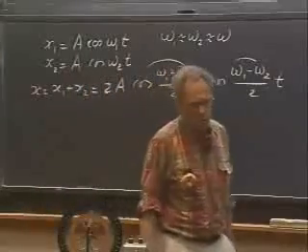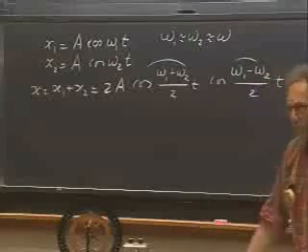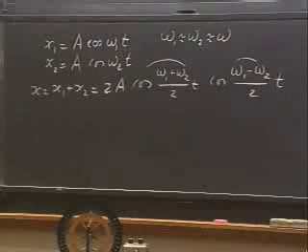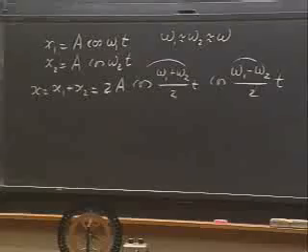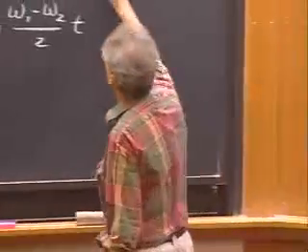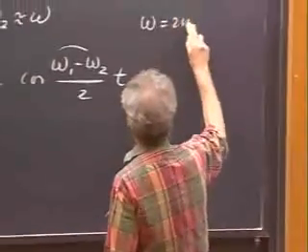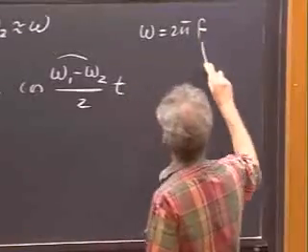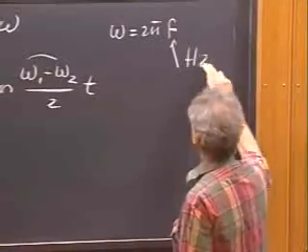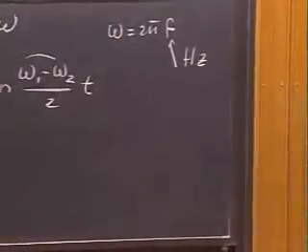And so if you change from the notation of omega in your head to frequency in hertz, which is a lot easier to think of, omega is 2 pi times the frequency f. This is in hertz, and this is in radians per second.